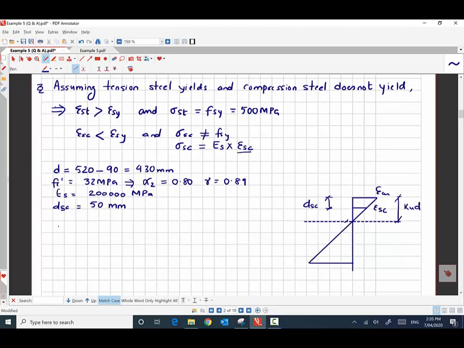Now to find epsilon SC, the strain in the compression reinforcement, we can use the two similar triangles here, the small one and the bigger one, to find epsilon SC in terms of epsilon CU, the concrete strain.